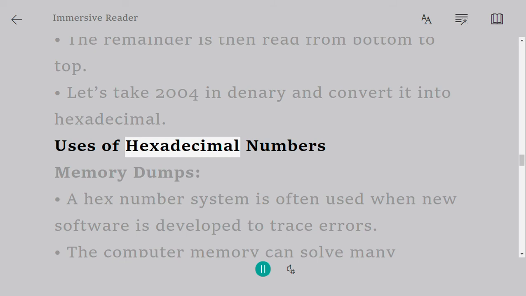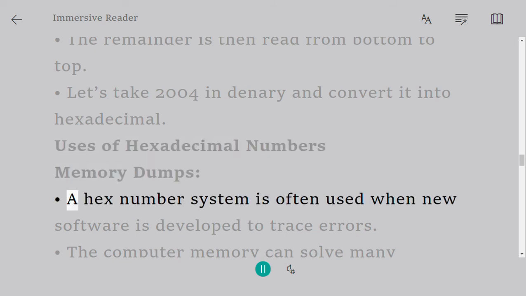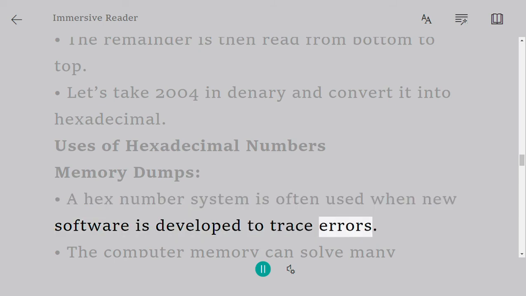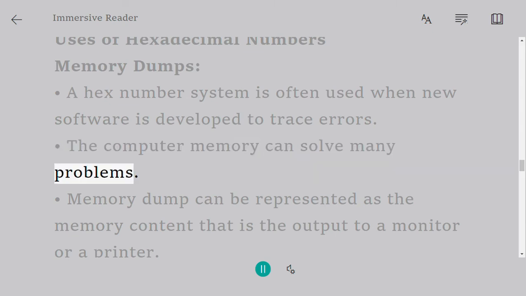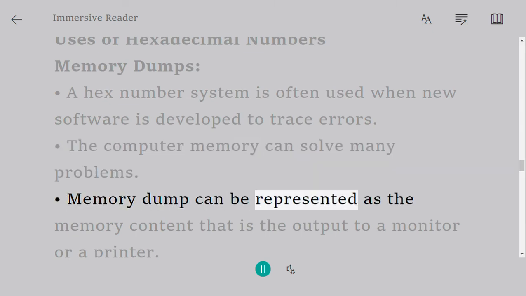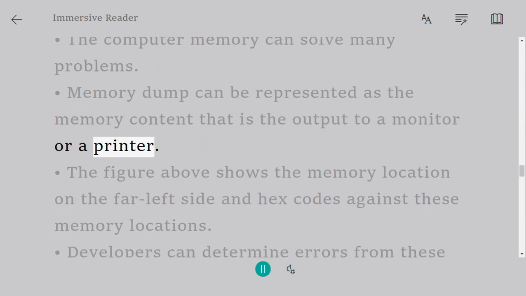Uses of hexadecimal numbers. Memory dumps. The hex number system is often used when new software is developed to trace errors. The computer memory can reveal many problems. A memory dump is the memory content that is output to a monitor or a printer.